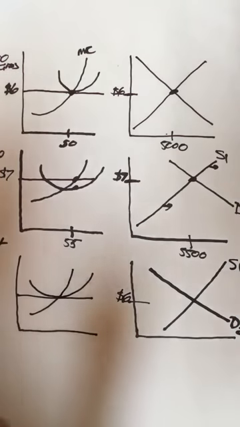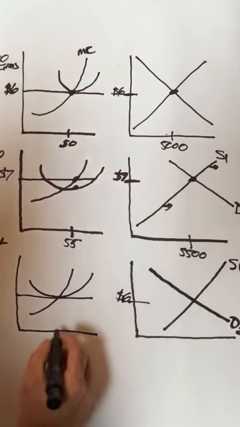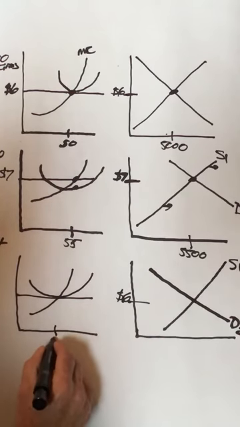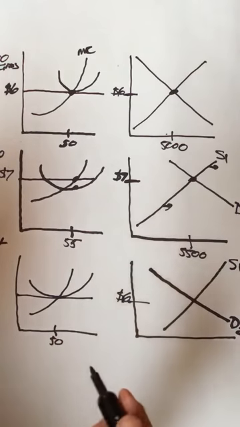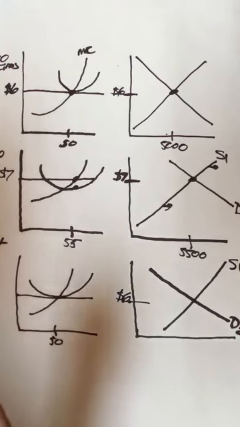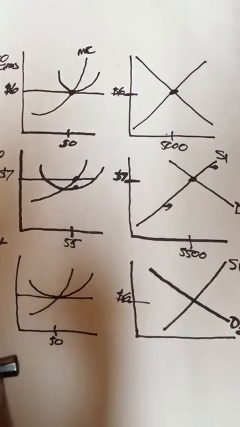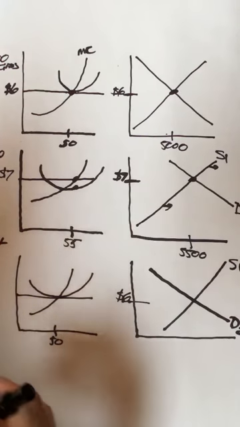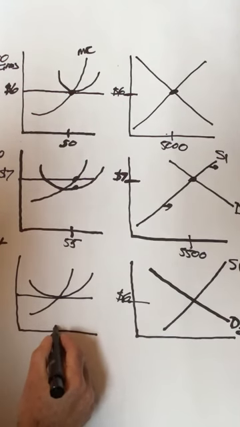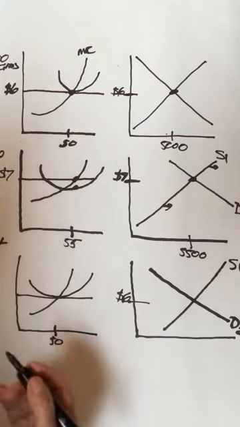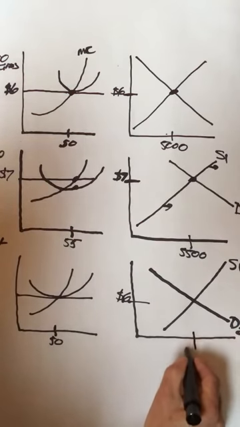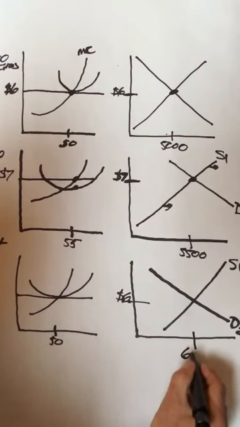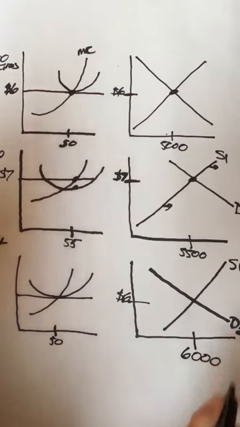Each individual firm is going to be producing 50 loaves of bread. We've gone from 100 firms, now we've got 120 firms. Each of these 120 firms is going to be bringing 50 loaves of bread to the marketplace. So the overall quantity of loaves of bread will be 6,000 loaves of bread.